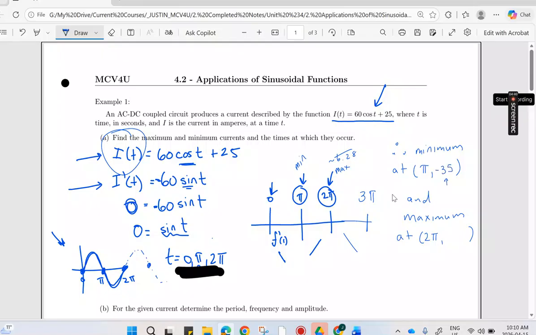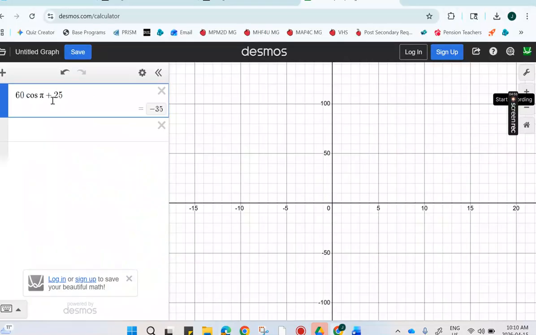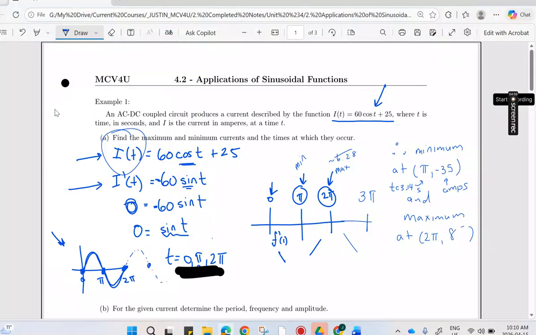So negative 35 amps at pi seconds, so t equals 3.14 seconds. And then the maximum at 2 pi is 85. So there's a maximum at t equals 6.28 seconds at 85 amps.